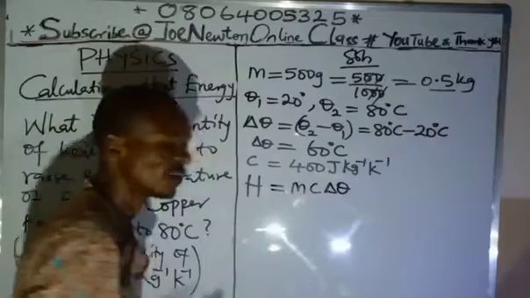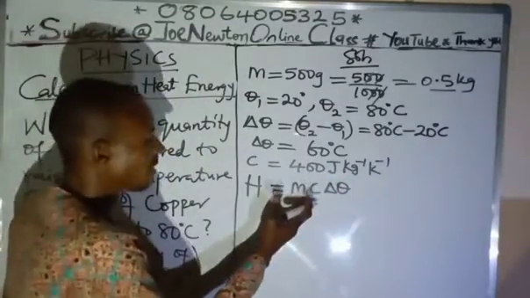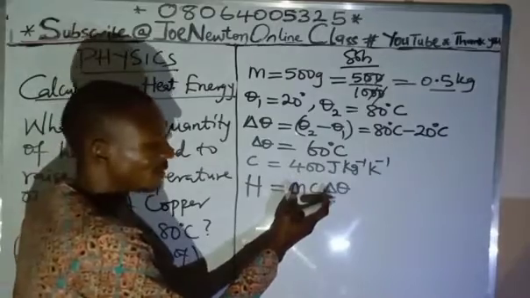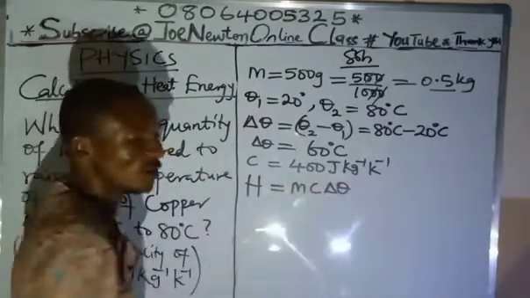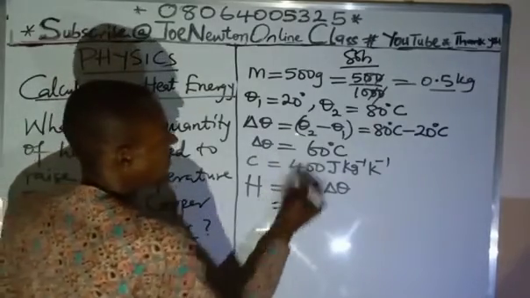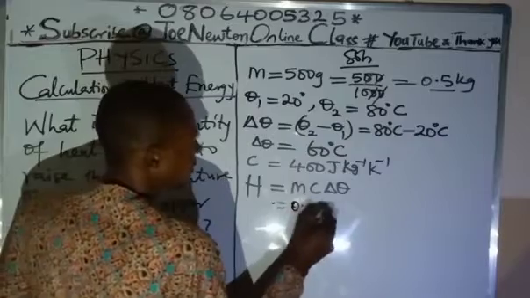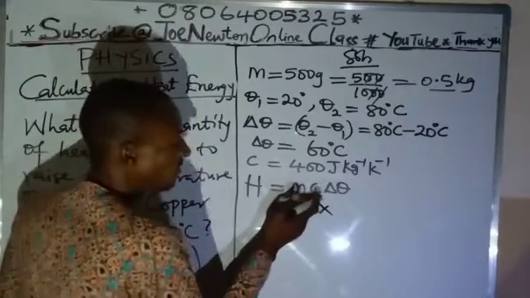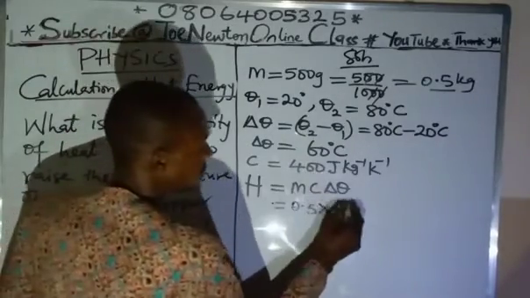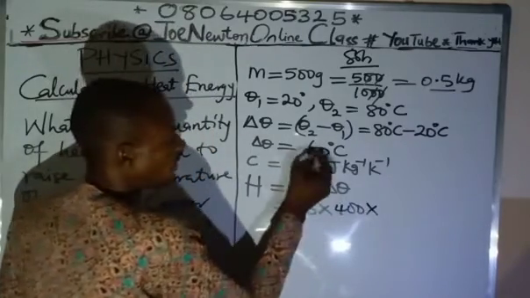So the quantity of heat energy required for that heating is mass times specific heat capacity of that copper times temperature change, or the rise in temperature, which is equal to: our mass is 0.5, remember, times the specific heat capacity given to us, 400, times the change in temperature, 60.